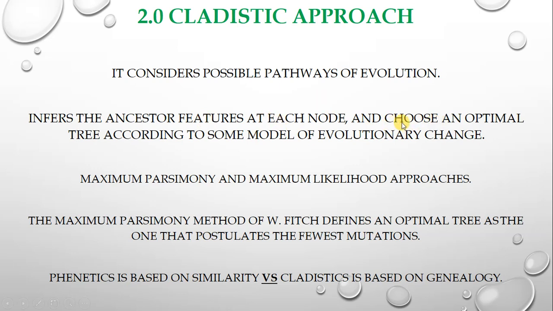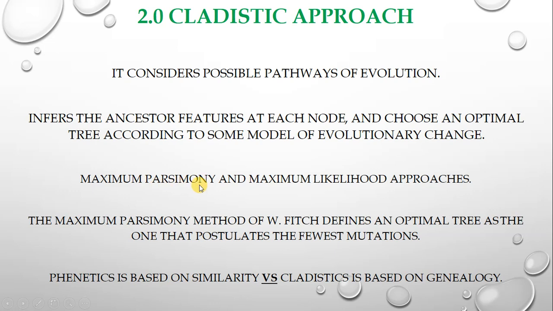And it chooses an optimal tree according to some model of evolutionary change. It means when you are dealing with a cladistic method, the program will construct many trees, and then it will give you the optimal, the best one.